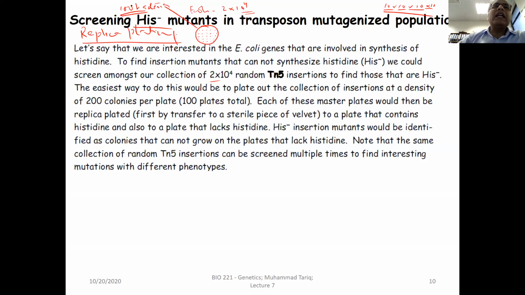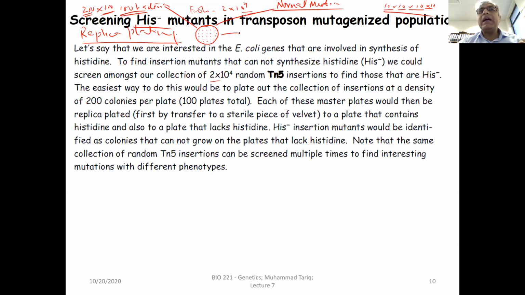And if we double the number of bacteria, because we have to minimize our work, let's say we make them 200 bacteria per plate, how many plates will we have? 100, sir. So we have reduced the work by half. We'll have 100 plates on normal media, which contains everything, and these bacteria can grow.